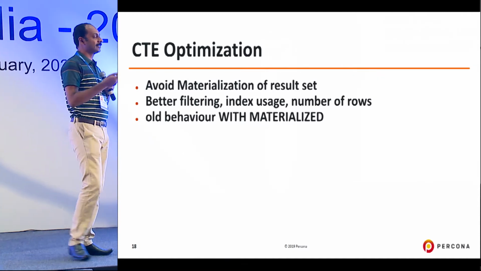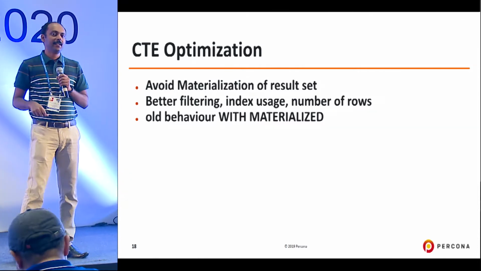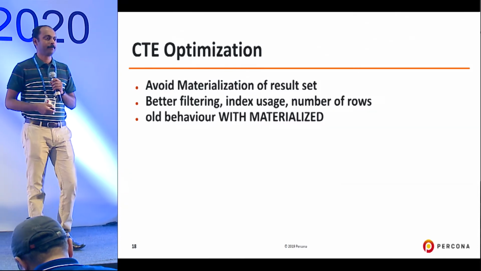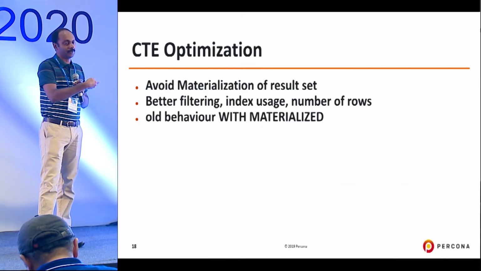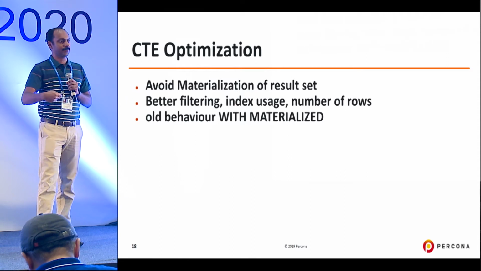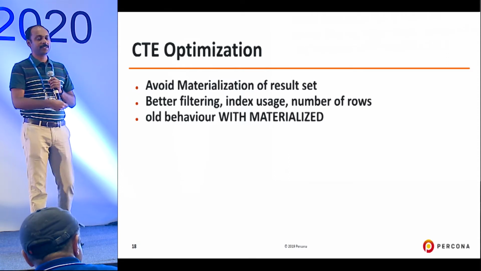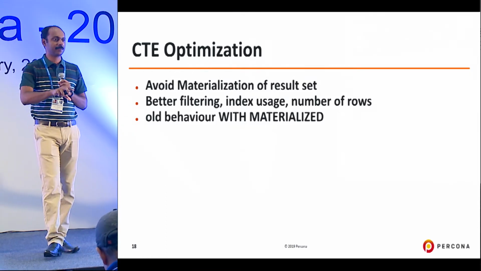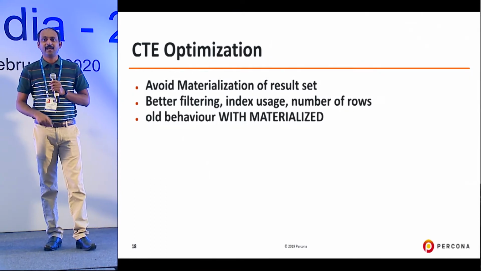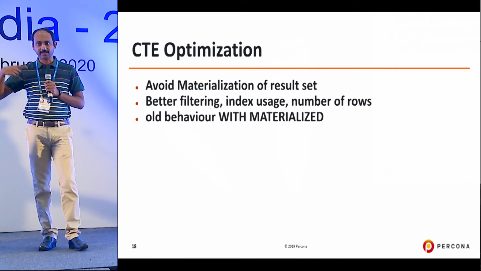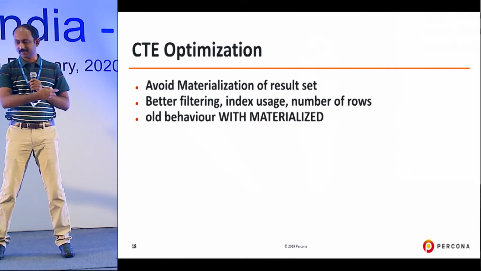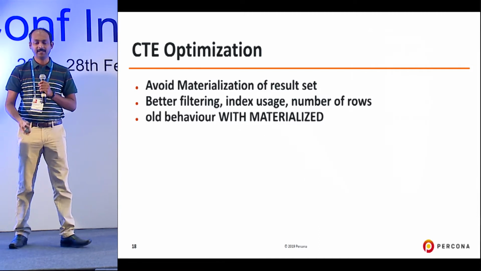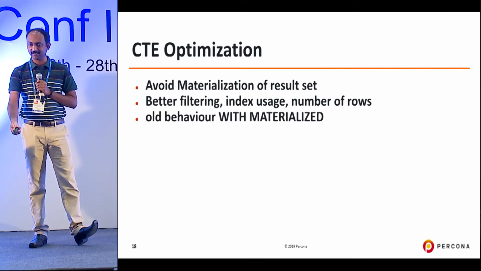The problem there is that once materialized, it doesn't have an index, and the index won't be used in the subsequent queries. But now in PostgreSQL, that CTE will be inlined and added as a part of the query, and the entire optimization happens for the entire query. So this is a great improvement.